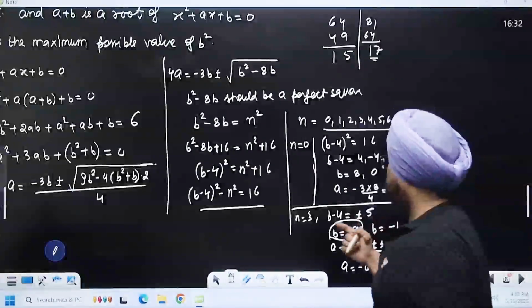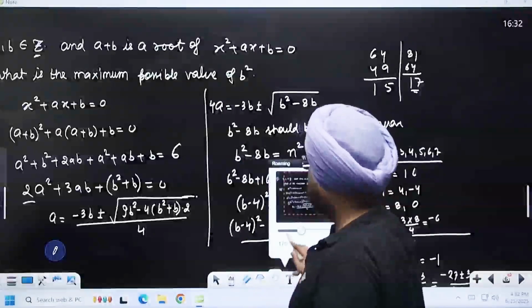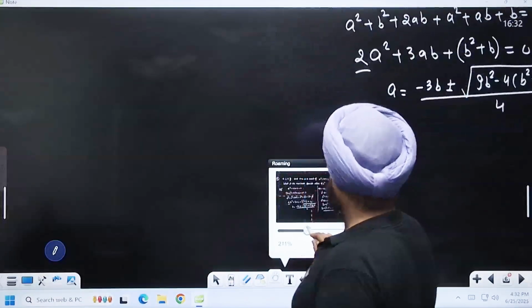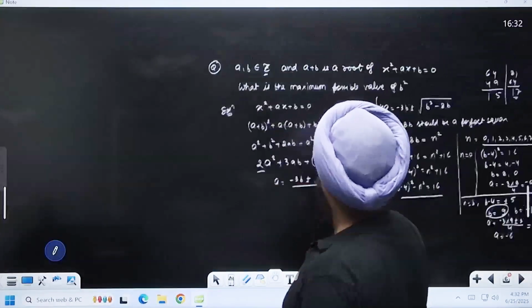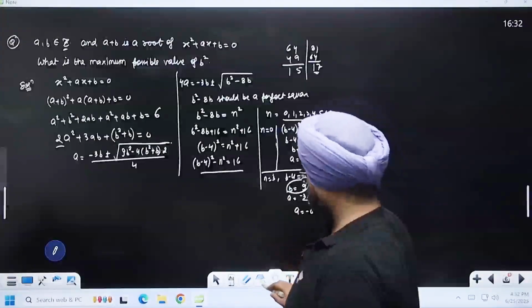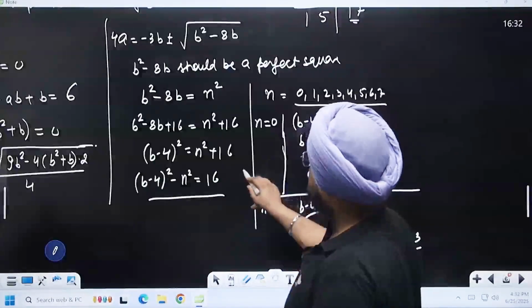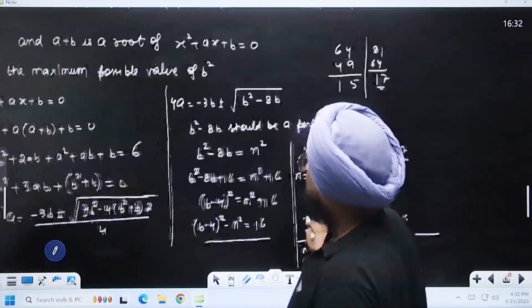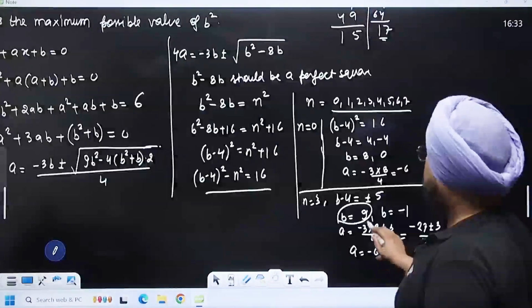Now the maximum value of b is 9. We had to find the maximum possible value of b square. The maximum possible value of b square can be 81.